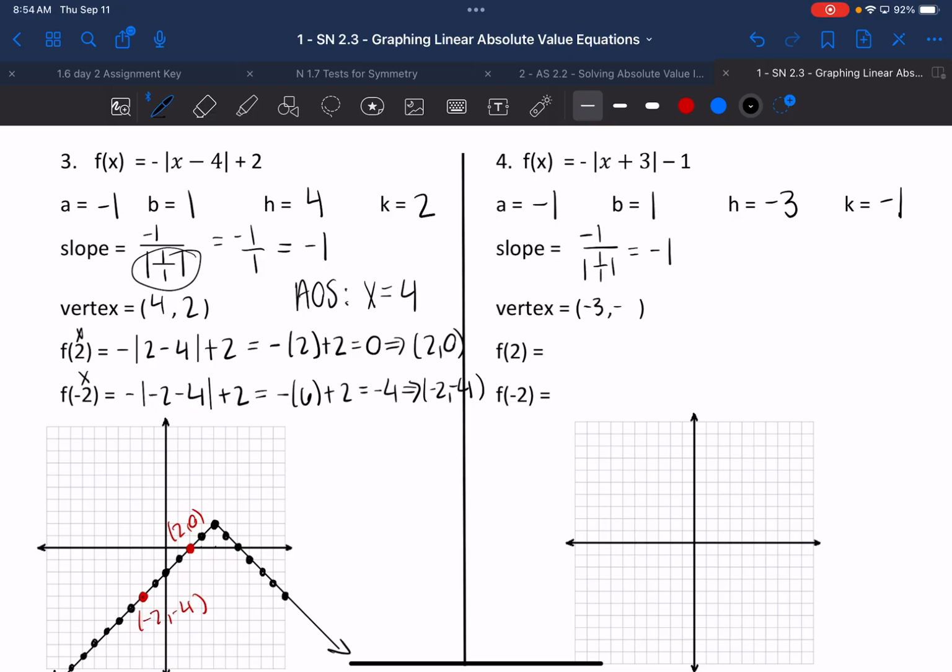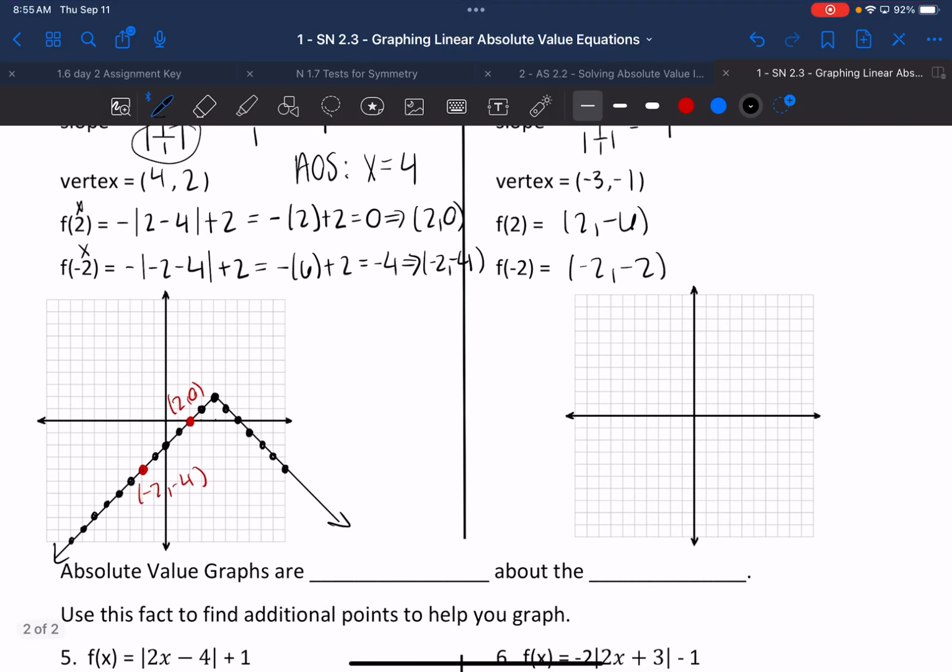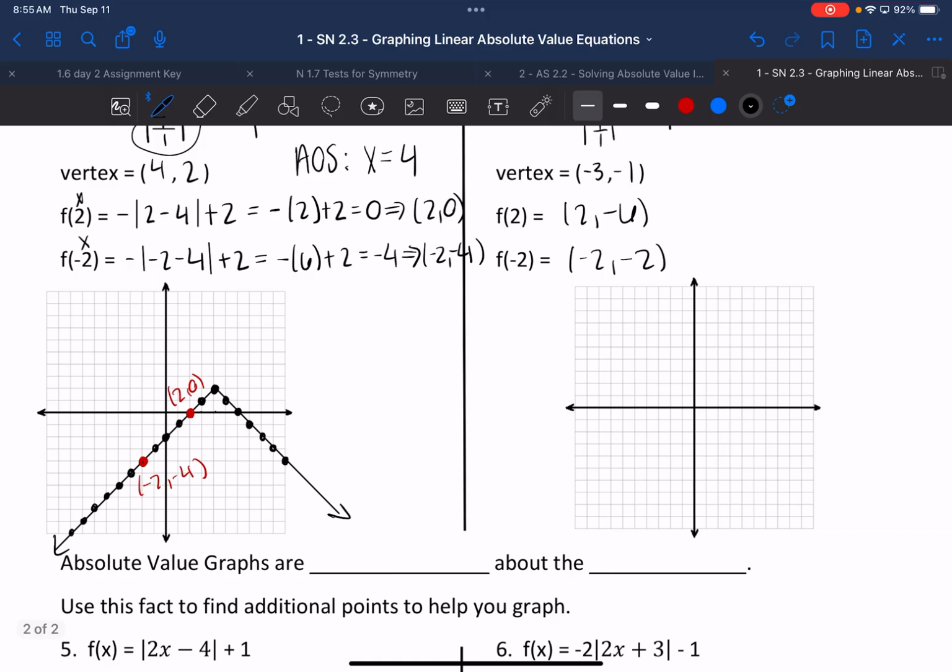Okay. And then we needed to substitute in 2 and -2 to find some additional points, right? When we substituted in 2, what did we get as our coordinate point? 2, -6. And when we subbed in -2? Good. All right, so then it was time to graph it. And which point do we plot first? Right, that vertex.